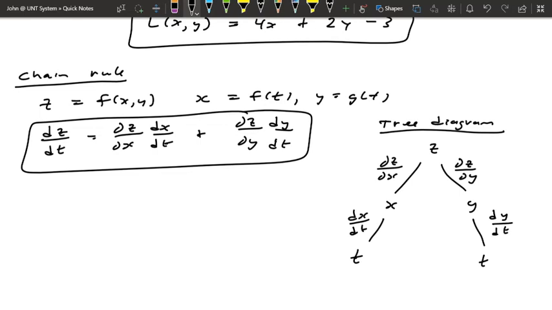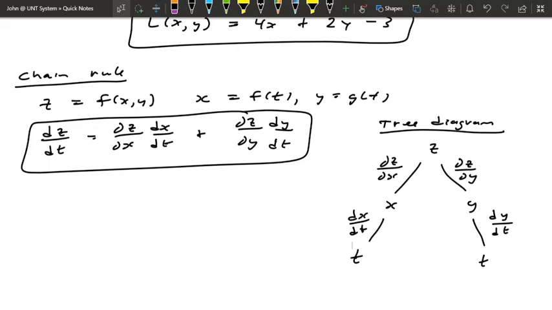And then x and y are functions of t, so they have the ordinary derivatives, dx dt, dy dt. And the idea is the chain rule is obtained by taking each path from z to t, multiplying these derivatives, and then adding.